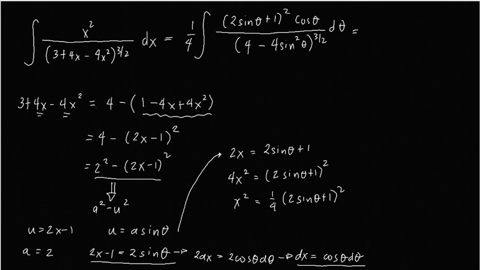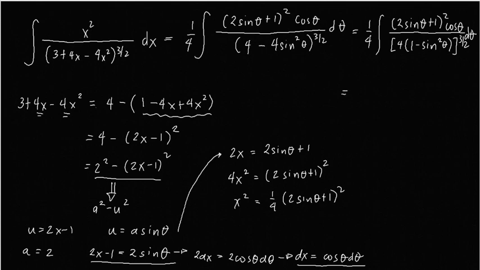So what's next? So we have 1/4 integral of the quantity 2 sine of theta plus 1 squared cosine of theta d theta divided by what? We have a common factor here which is 4, and this 1 minus sine squared of theta is to the quantity 3 halves.